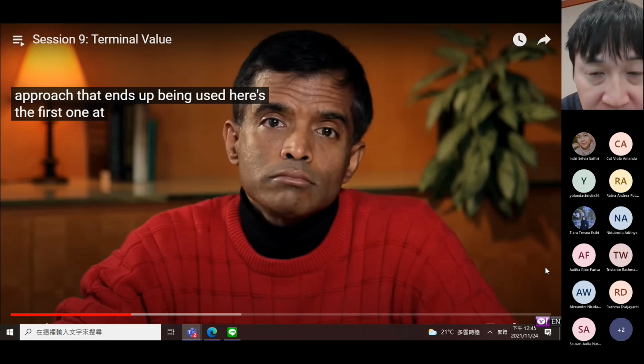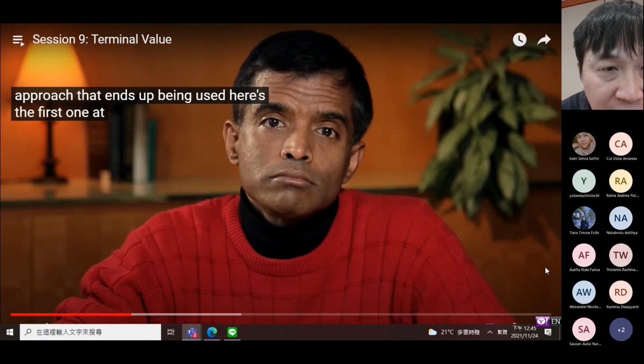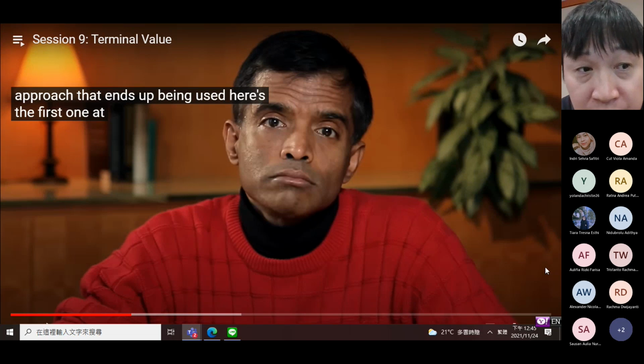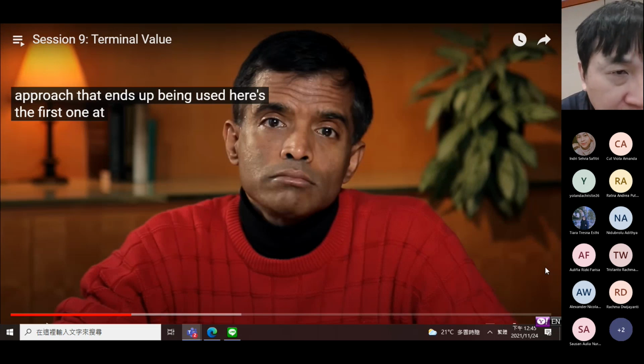You use the cash flows discounted by a discount rate and sum up all the cash flows' present values, and this kind of approach is called the intrinsic value approach. The second approach is the relative approach.